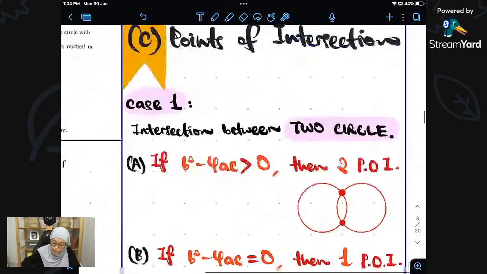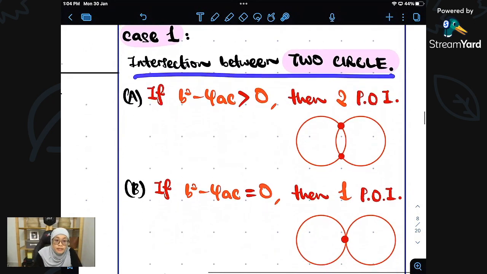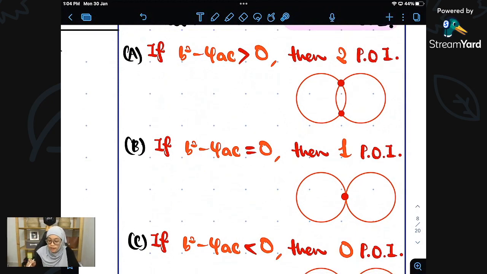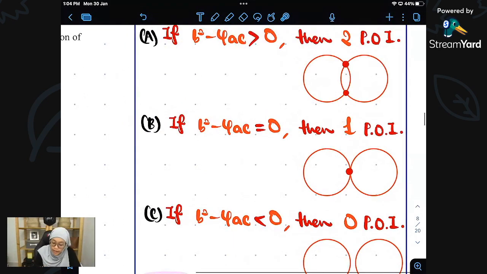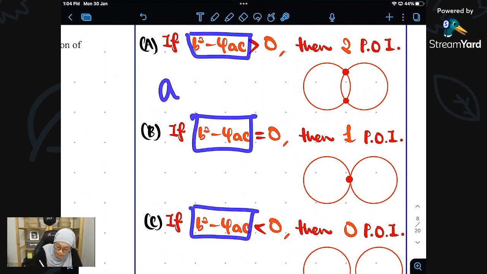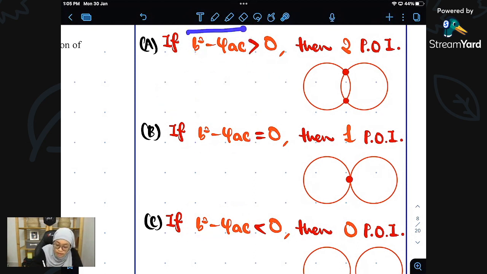So case number one, the intersection between two circles has three kinds of situations. Basically, from the quadratic, for example ax squared plus bx plus c, we pick the numbers a, b, c, and then we try to solve it by using this formula, b squared minus 4ac.